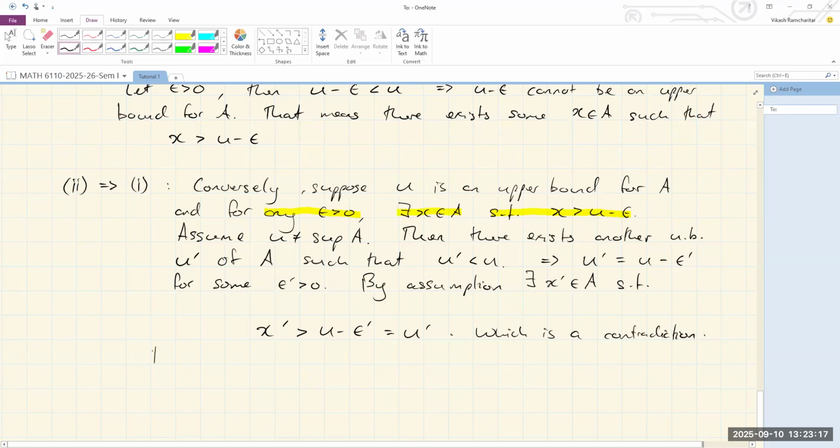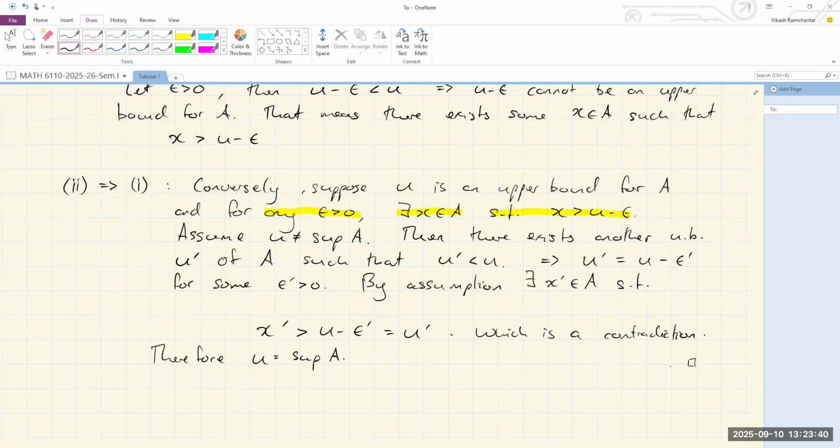Okay, so therefore I assumed something that was wrong. What did I assume? I assumed u is not the supremum. So therefore, u was actually the supremum. Okay, so that's the proof for the characterization of supremum.